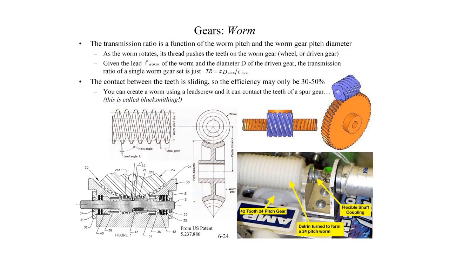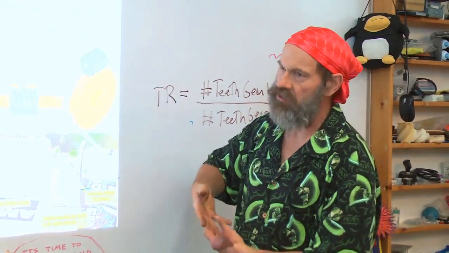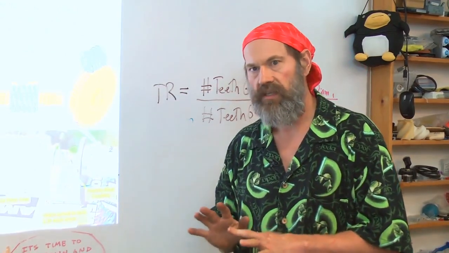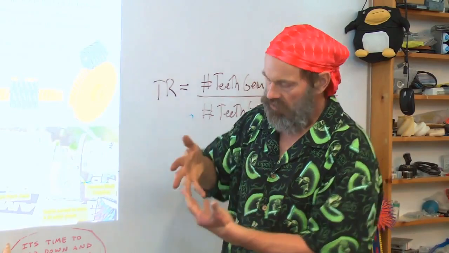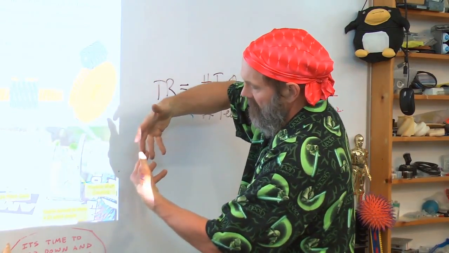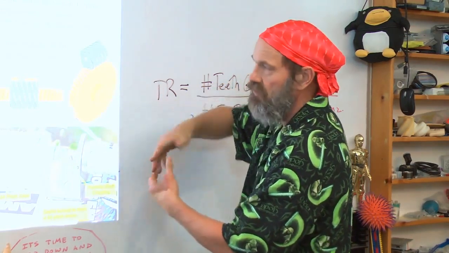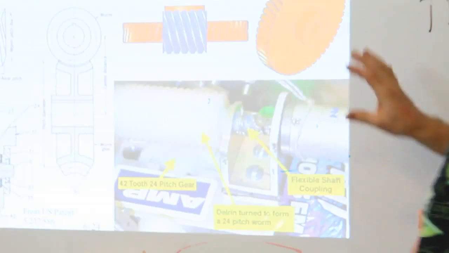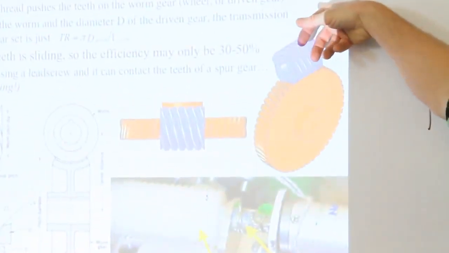Worm gears are a very interesting type of gear because they are not engaging in this conjugate action that is nominally rolling contact. Remember, an involute gear shape, the teeth as they engage and disengage, that involute shape makes it so they're almost rolling. That's what gives them the very high efficiency. In a worm gear, when you're rotating it, this is like a lead screw.